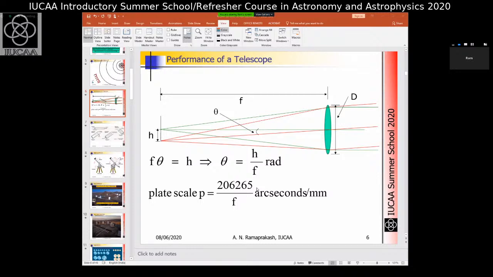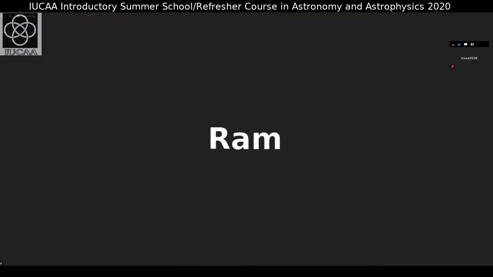Now 1 degree is 60 arc minutes, and 1 arc minute is 60 arc seconds. So if you put it all together, you will find that there are 206,265 arc seconds in a radian. So that number of arc seconds in a radian divided by F expressed in millimeters will tell you the plate scale in arc seconds per millimeter. Hope that is clear. Just go back and work it out and it will be obvious to you.